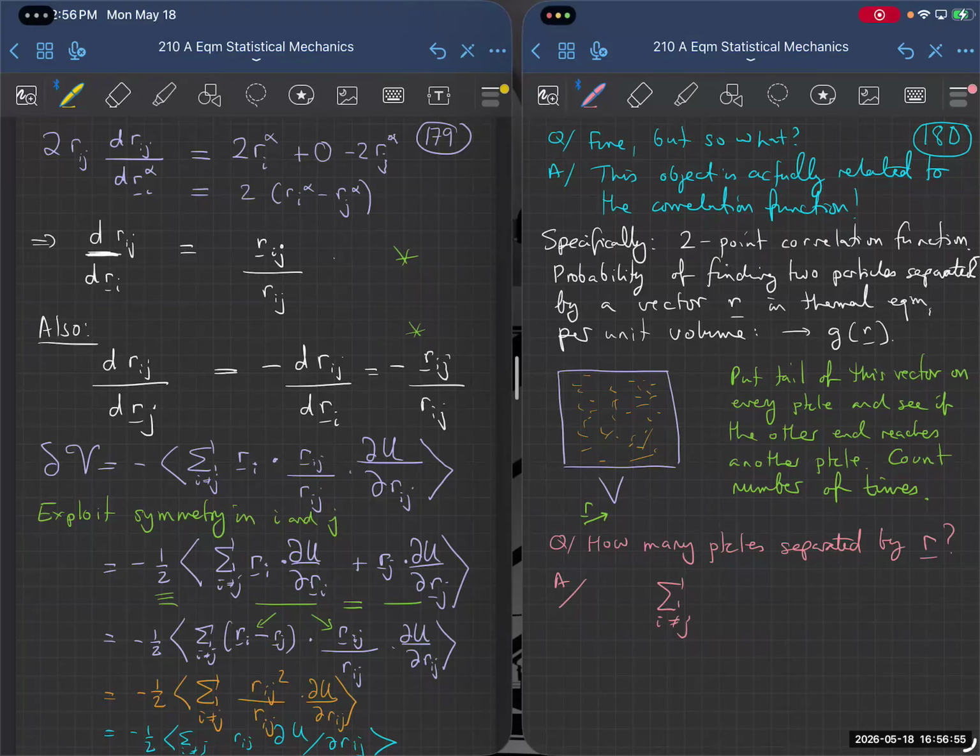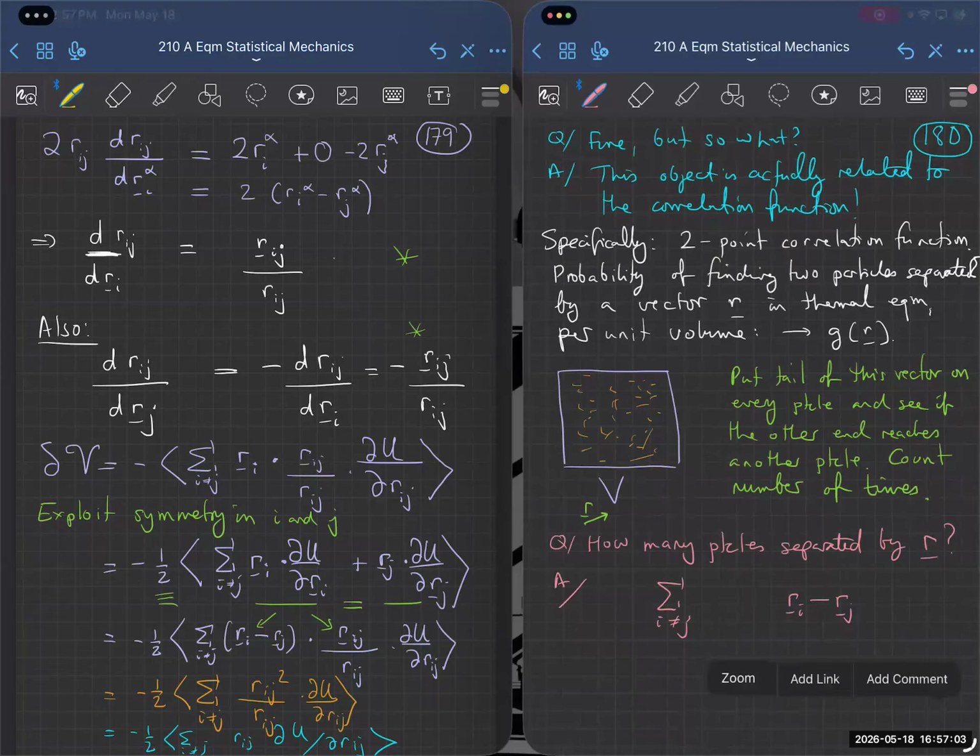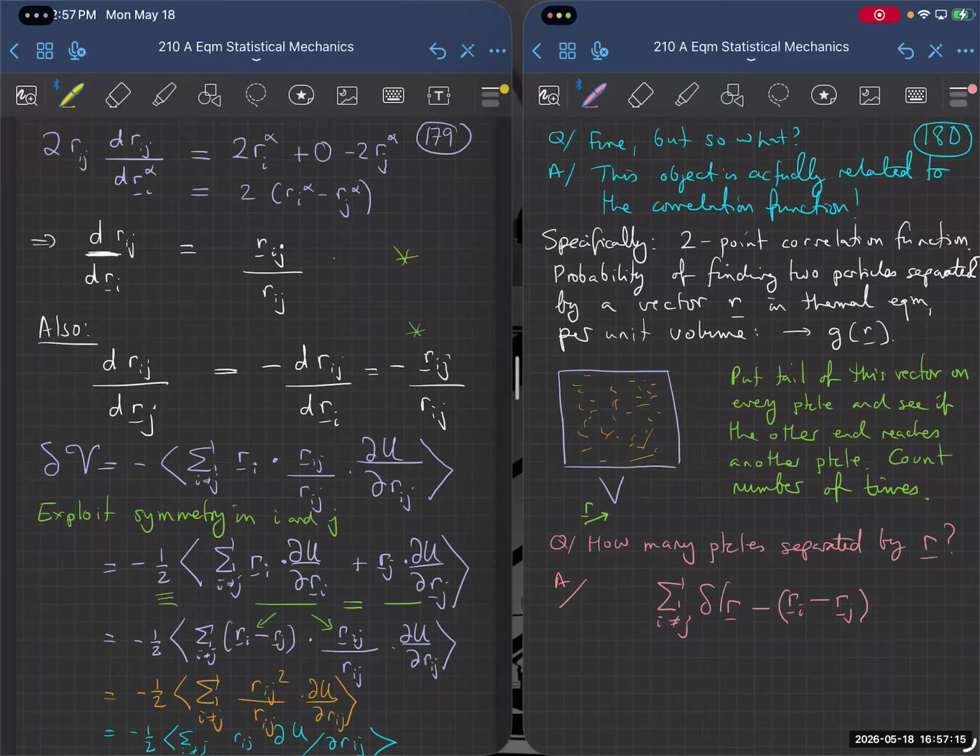Then I'm going to take the position of particle i, take the position of particle j, look at the vector between them, and see if that equals the thing that you want, r, and then stick a delta function around that.